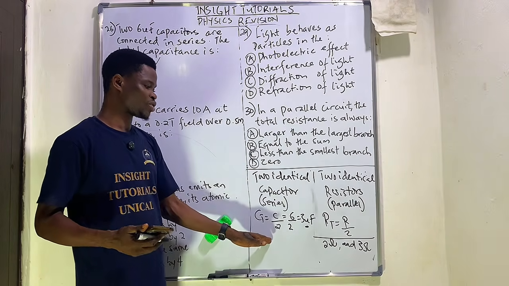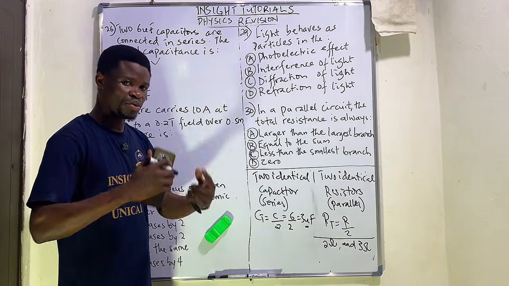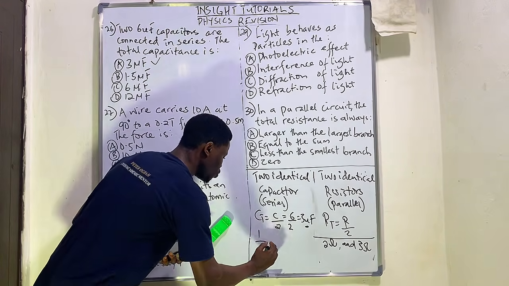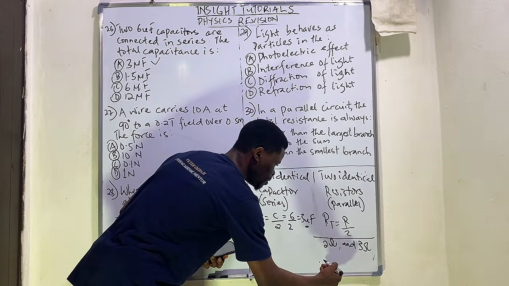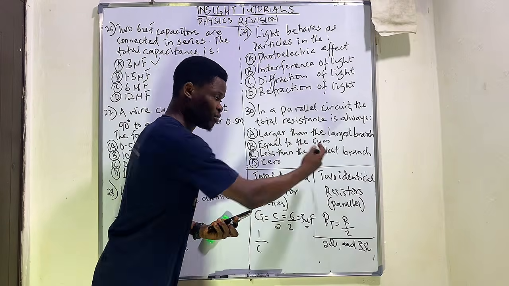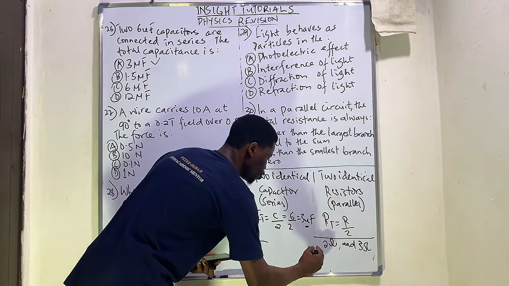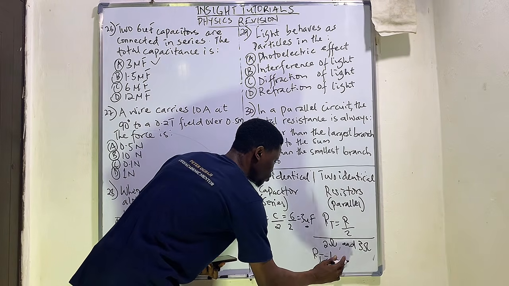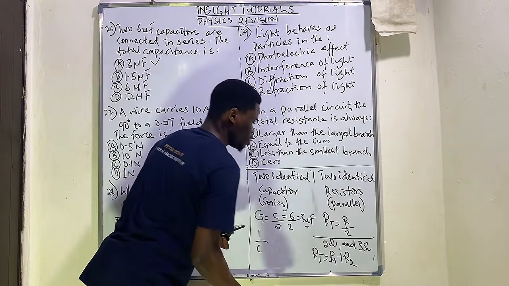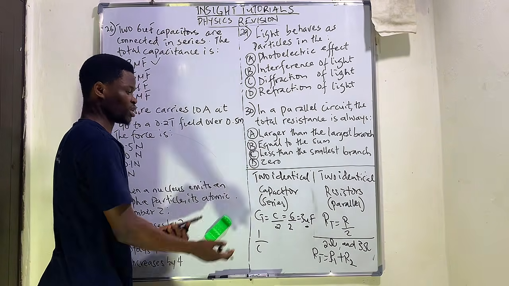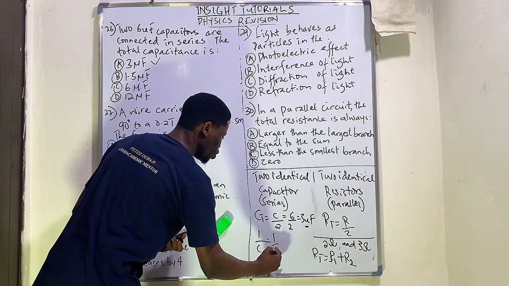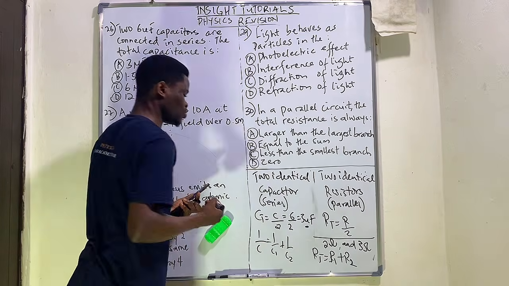But in terms of capacitors, if they are connected in series, the reverse is the case. You're going to do the inverse of them. You're going to say it's 1 all over. Remember, if the connection is in series, for resistors, the total resistance is going to be R1 plus R2. If this is in series and they're dissimilar, for capacitors it's the opposite: 1 all over C1 plus 1 all over C2.